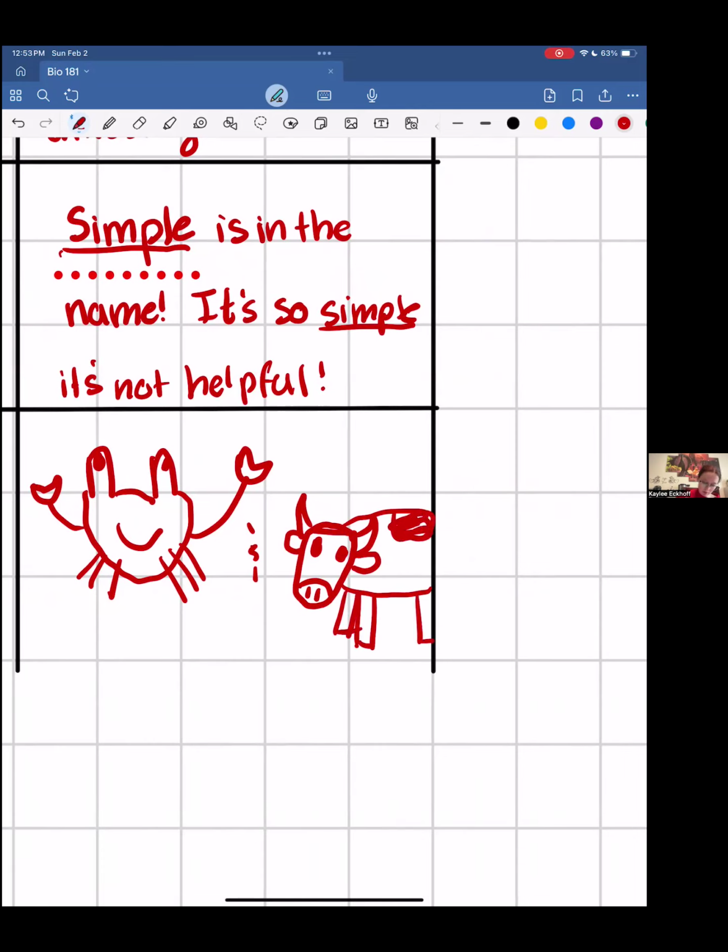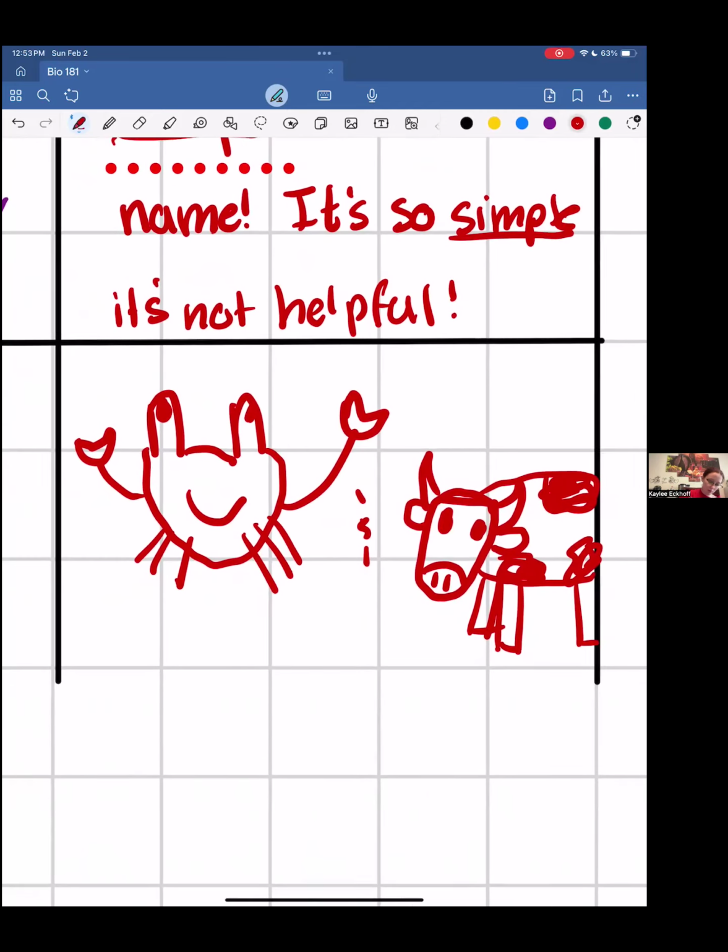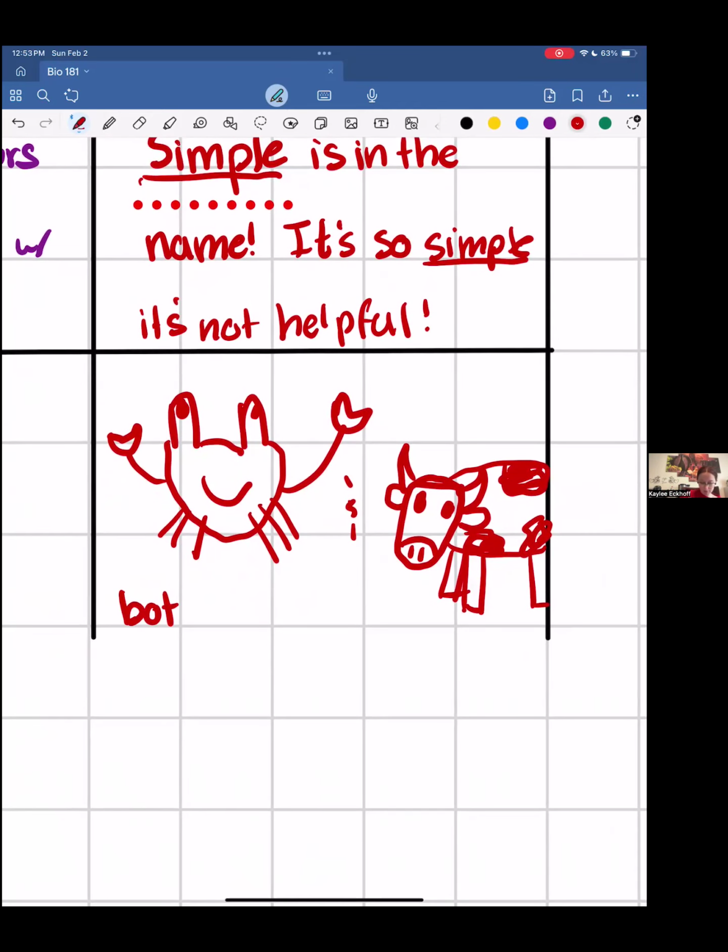But as you can see, we've got the crab and the cow, and they both have eyes. But that doesn't tell us much because a lot of animals have eyes, and obviously the crab is a crustacean and a cow is a mammal, a ruminant.